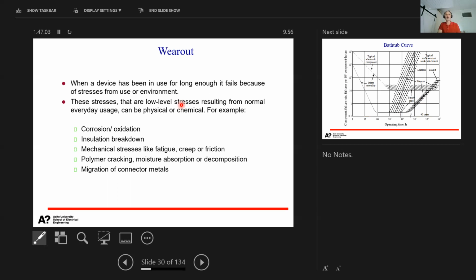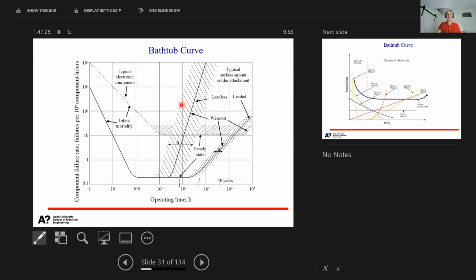It could be corrosion, mechanical stresses, electrical stresses, UV radiation, moisture absorption, whatever, which starts to deteriorate the strength of the material, and then even if the stresses are constant, the probability of failure starts to increase. So we end up having the bathtub curve shape: infant mortality, constant failure rate, and then wear out.